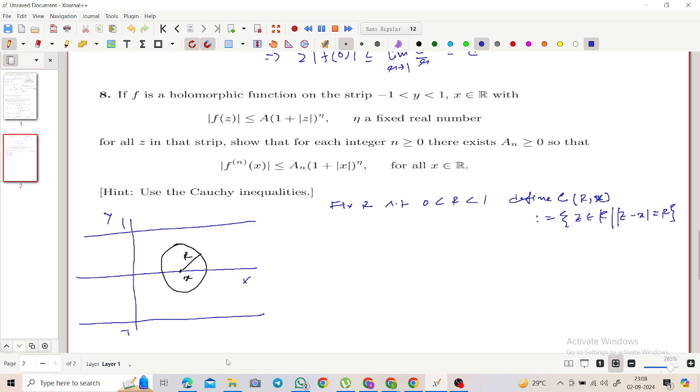Now what do we do? Given mod f(z) is less than or equal to A times 1 plus mod z to the power eta.